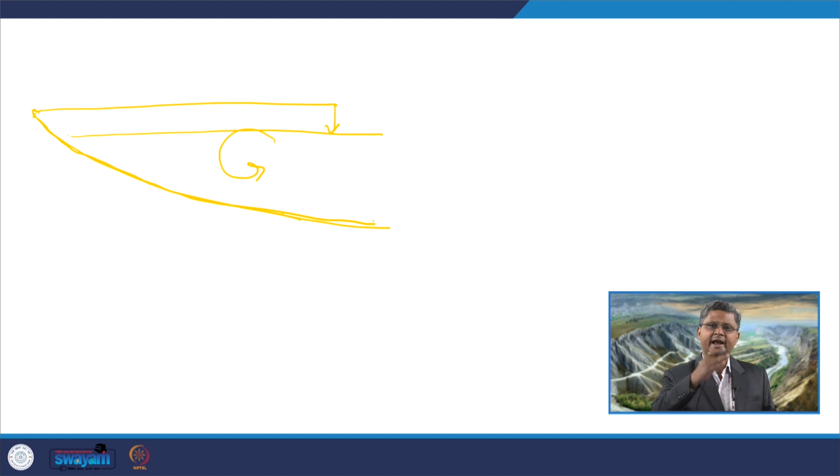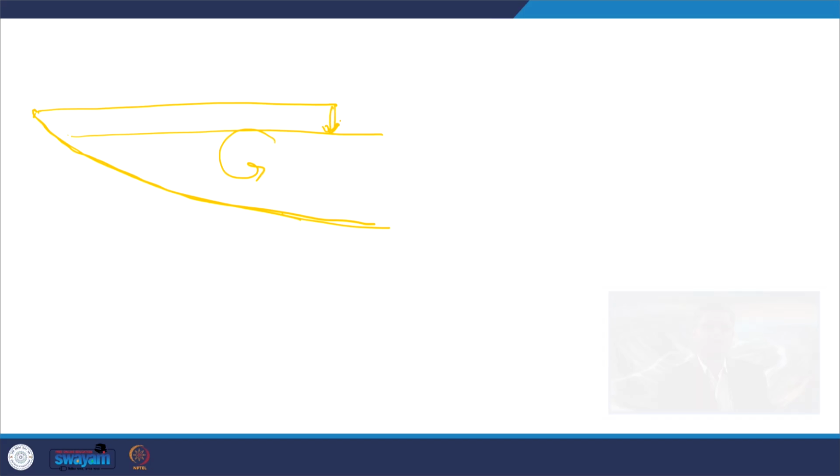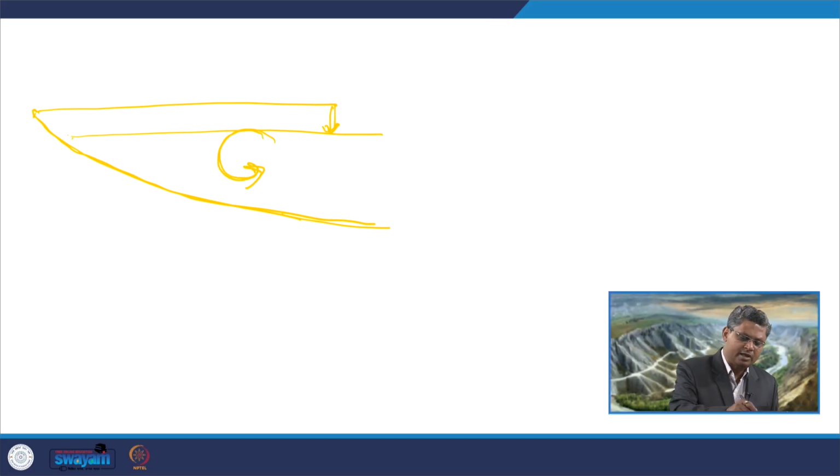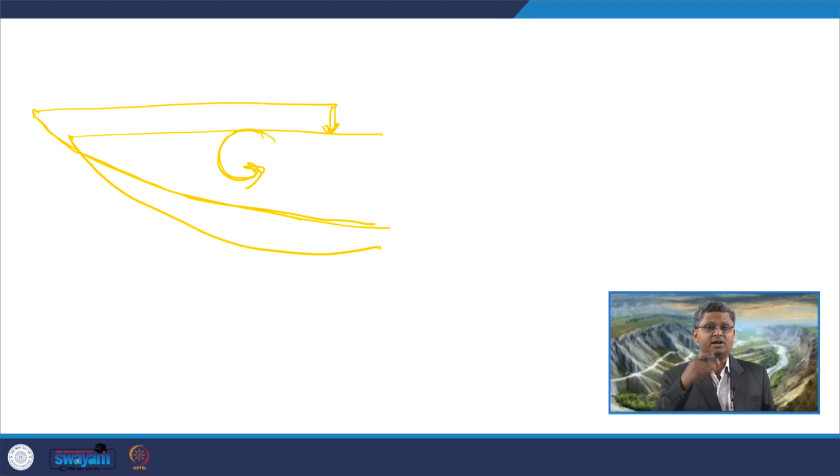So, substrate and the wave equilibrium were at the same level. Now, as the base level is falling to this particular level, the new wave equilibrium will be maybe something like this under this new water level, new base level condition.